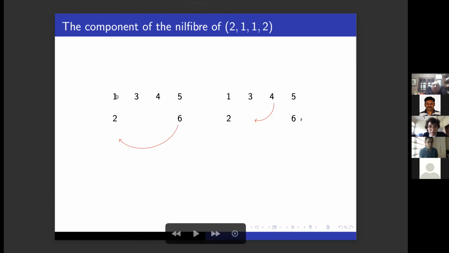I see that I have two neighboring columns. The first one is 1, 2, 5, 6. I take the last box of the right column of the neighboring columns, and I move it under 2, as near as possible to 2.